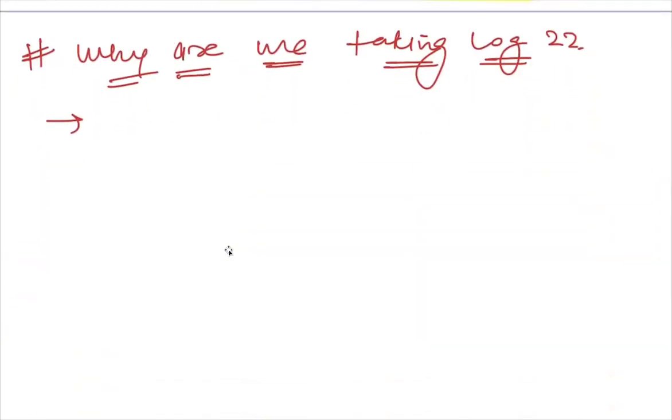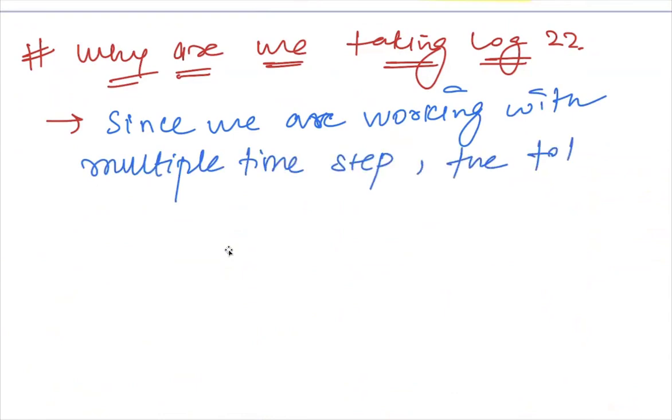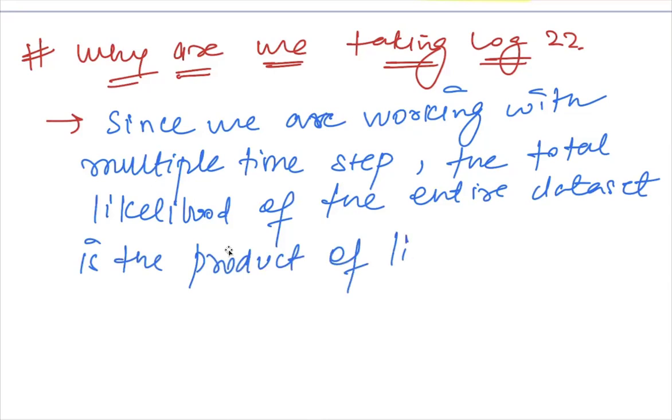So since we are working with multiple time steps, the total likelihood of the entire data set is nothing but the product of likelihood of each individual time step.